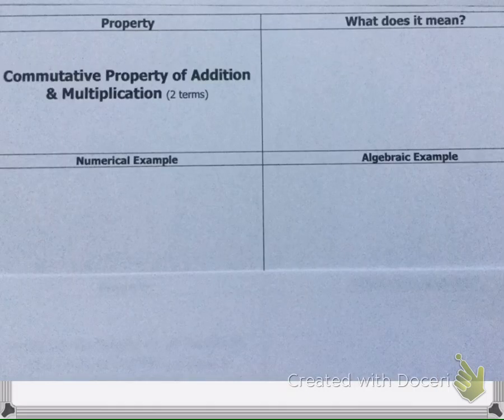So here we go. The first property that we're going to talk about is the commutative property of addition and multiplication. You've been using the commutative property of addition since first grade, multiplication since probably third grade.